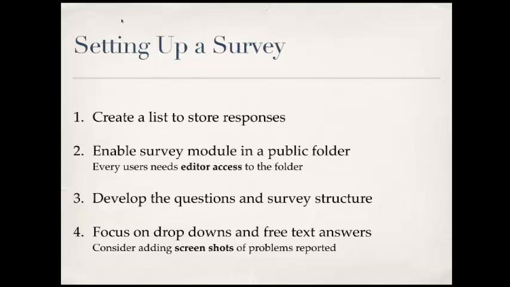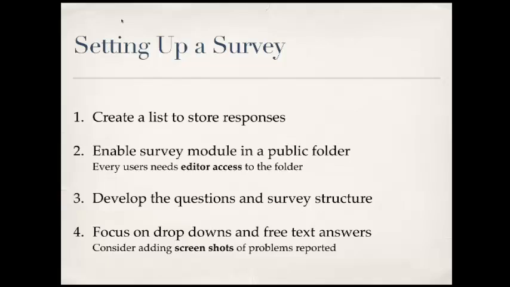LabKey provides some examples of the things that you can use. So you can use a checkbox, a combo box, the different numbers, or a grid. We mainly focus on free text and combo boxes in the survey that we develop.